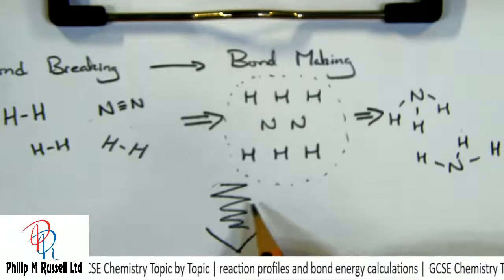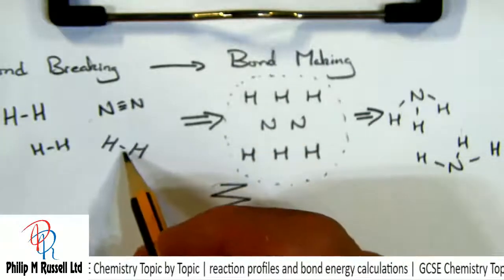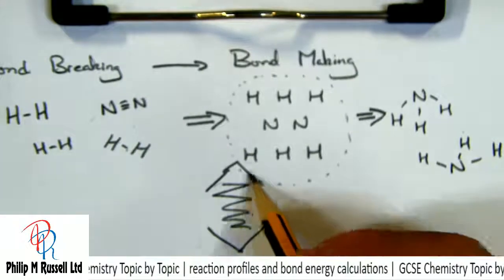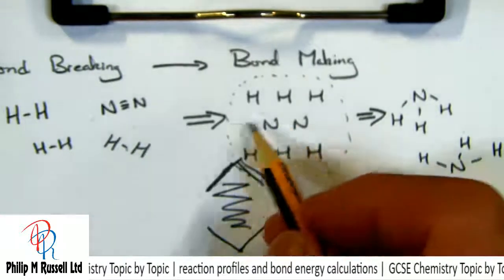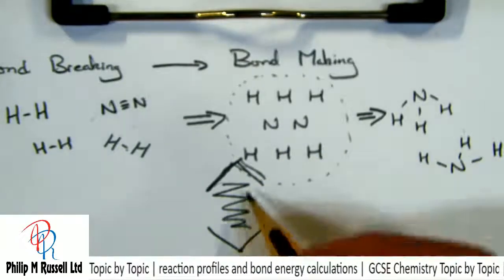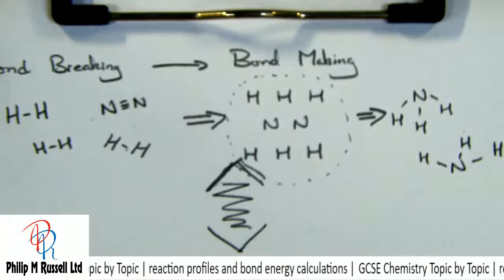But to do that, we've got to put energy in. So energy has to go in here to break those bonds. Energy is required before the energy can be released.